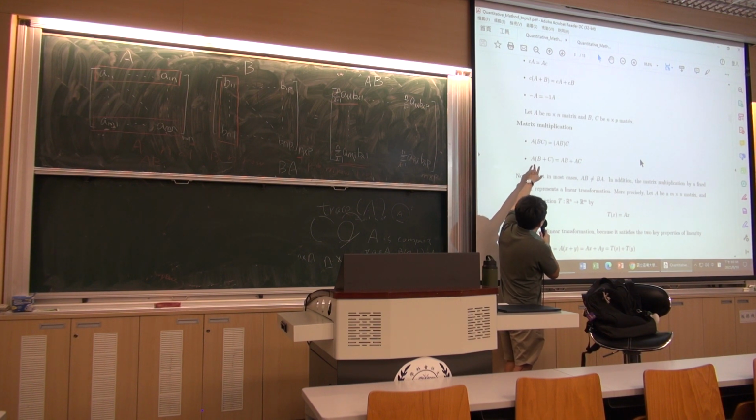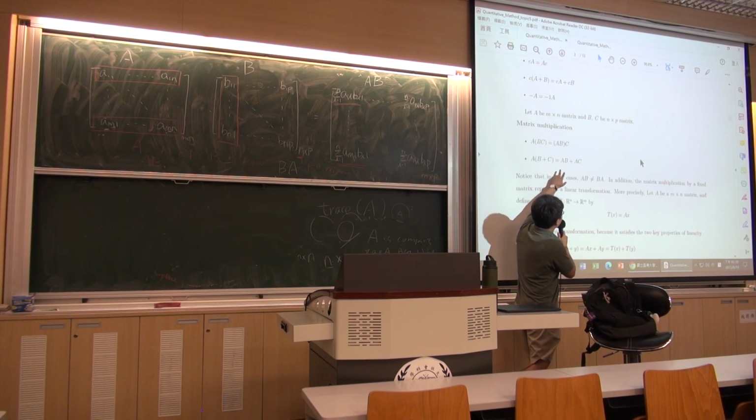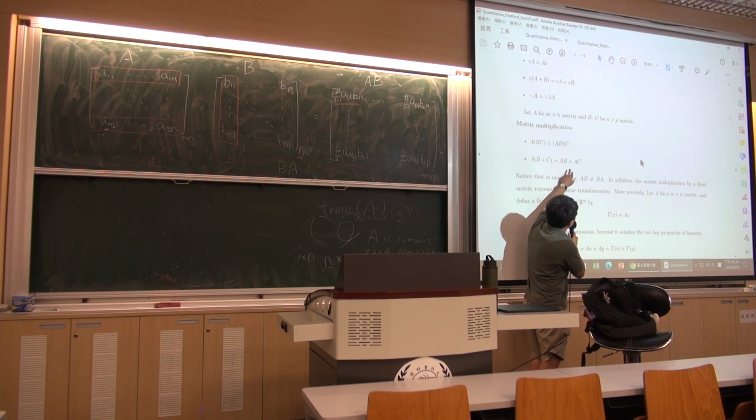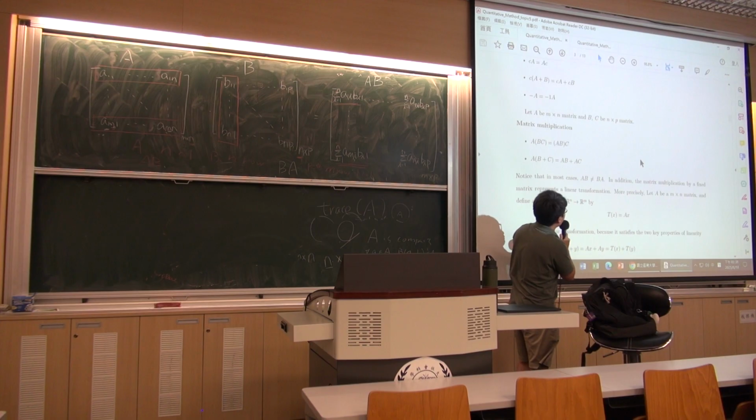And meanwhile, you can do the distributive rule. So first you can do the addition between B and C, and then multiply by the matrix A, or we can do the multiplication between A and B and A and C and add them up.